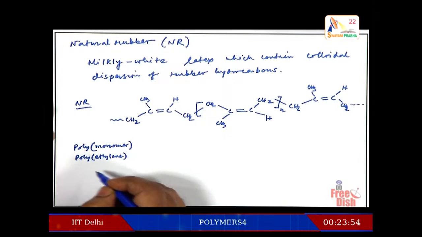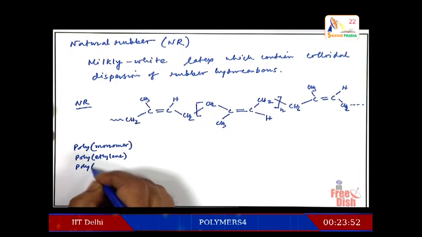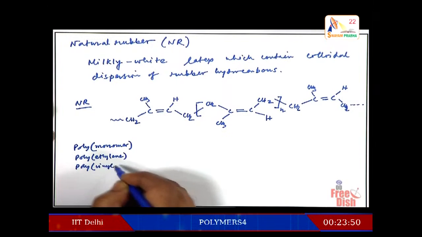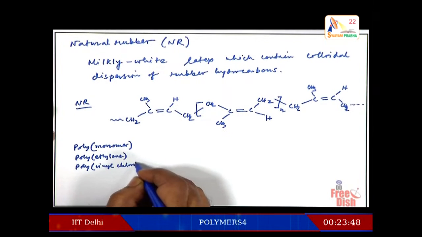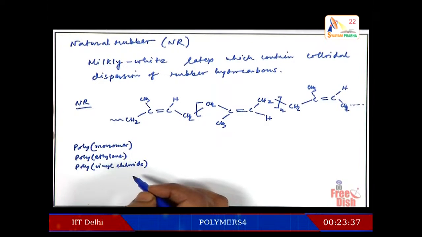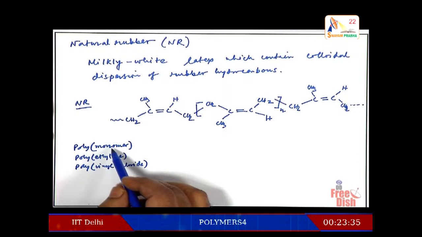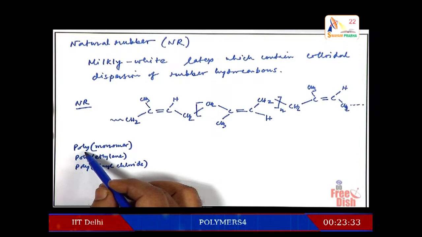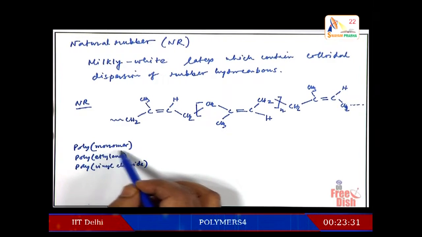Vinyl chloride is the monomer, so we write polyvinyl chloride. Styrene is the monomer, so we write polystyrene. If ethylene glycol and terephthalic acid are your monomers, and you obtain an ester from that, we write polyethylene terephthalate. So, how do you name polymers? Basically add the term poly and then the monomer or the repeat unit from which you got the polymer.